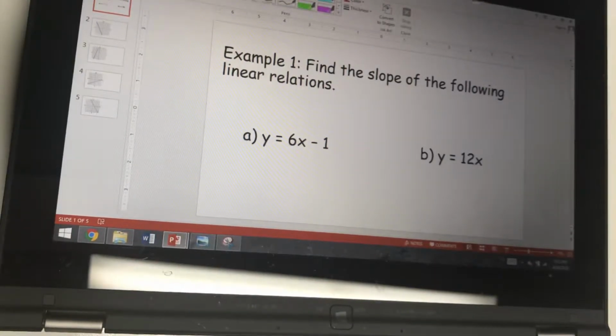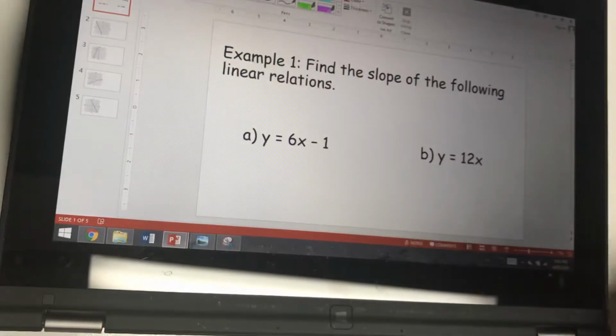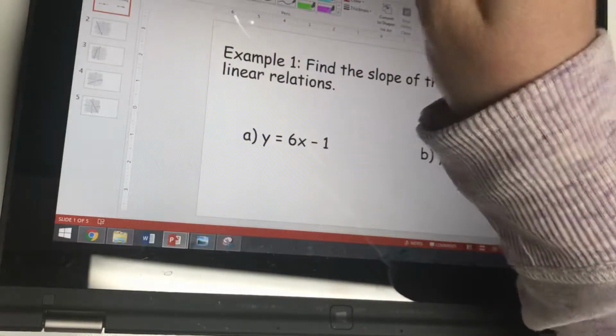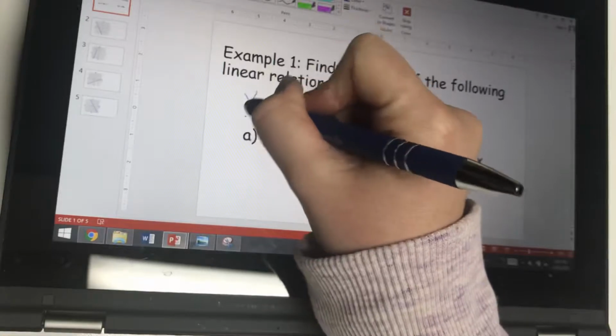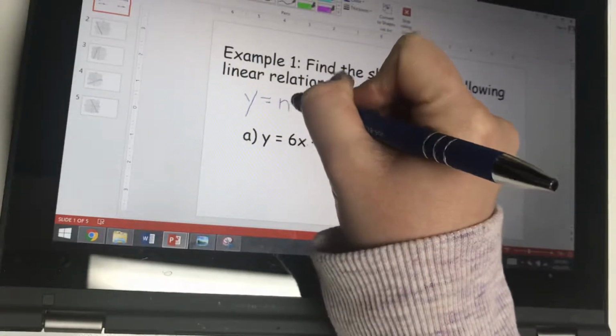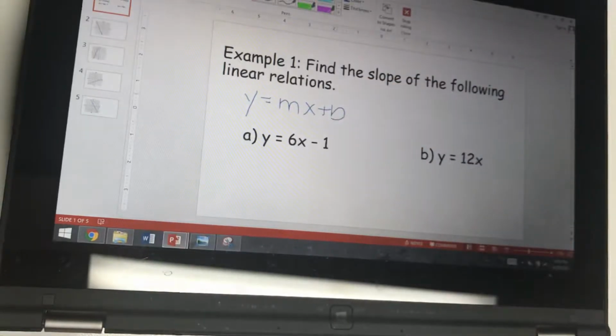All right, so in this question, it's asking us to find the slope of the following linear relations. So A says y equals 6x minus 1. And remember, when we have our equation, this is actually in the form y equals mx plus b, where m is our constant of the variation and b is our initial value.